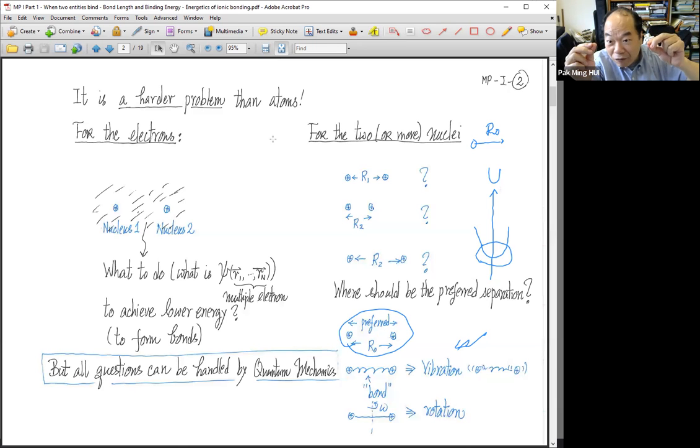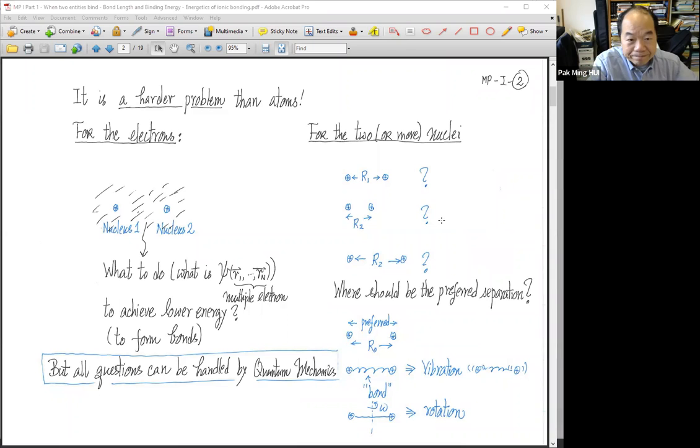And then it will have a rotational problem to solve. And last term, you also solved that. It is called a rigid rotor or rotator problem. Okay, so you know all these nice solutions.